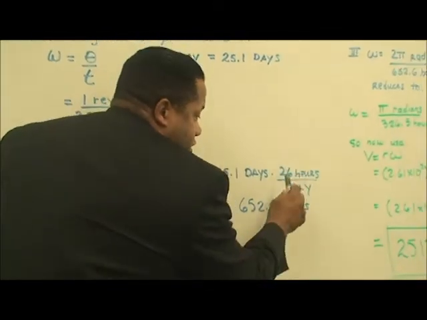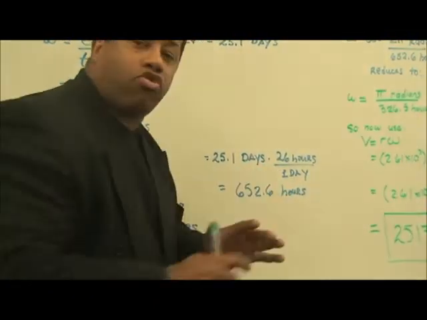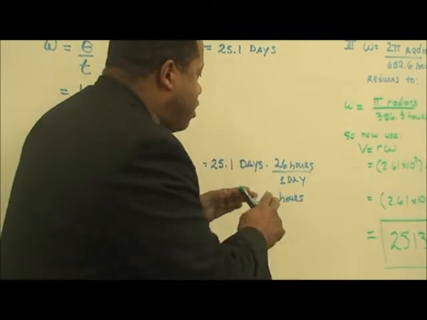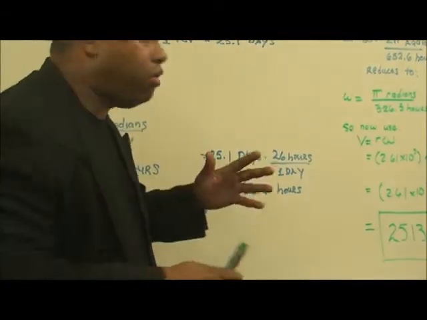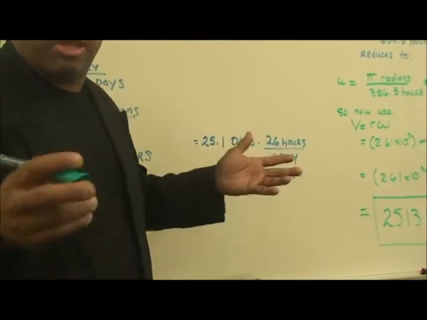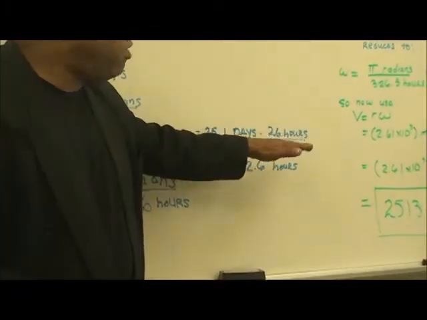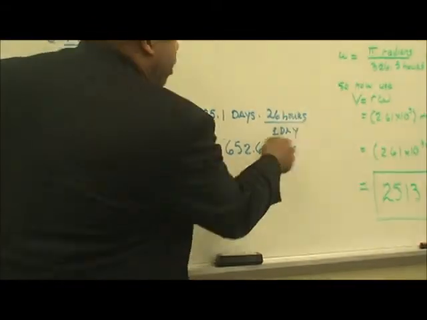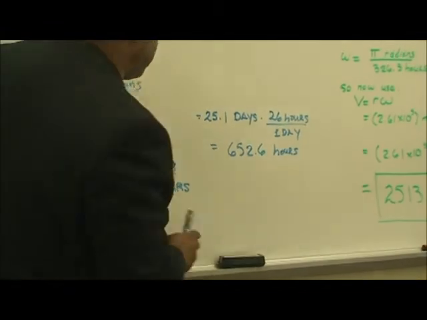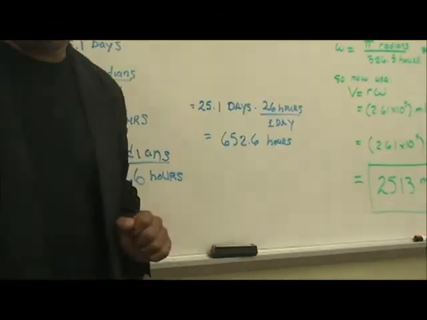The ratio has to be set up to where, as we said the other day, whatever units you're trying to get, whether it's miles per hour or days per hour, you have to have the unit that's on top. That's the one that's going to be the actual thing that you're looking for, and everything else cancels out. Now, in this particular case, we want miles per hour, so days are going to have to cancel out.